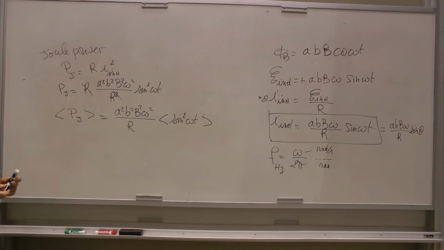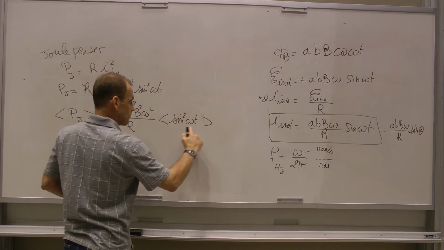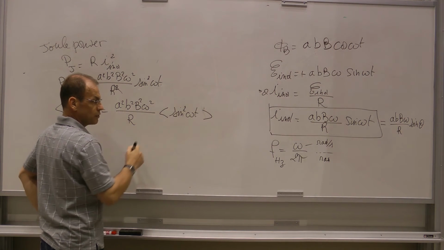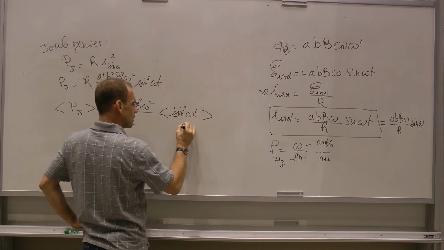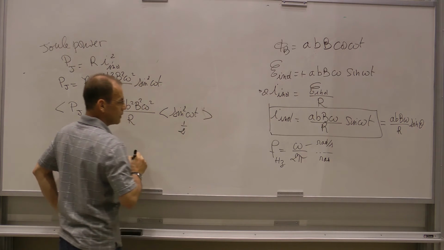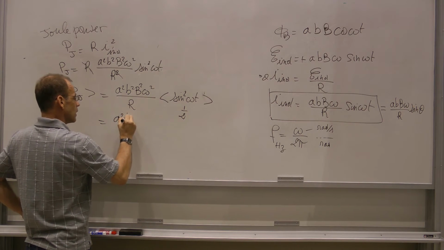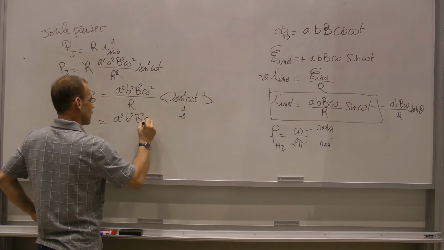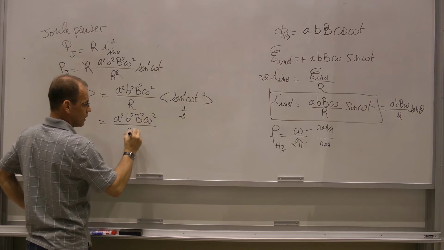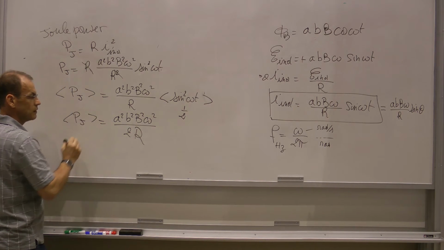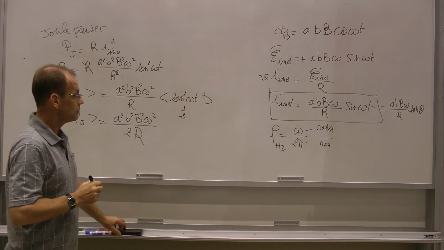Well, you may already know that the average value of the sine squared or the cosine squared is 1/2. So that gives us an average power of A squared, B squared, omega squared divided by 2R. Here's the average Joule power dissipated in the loop.